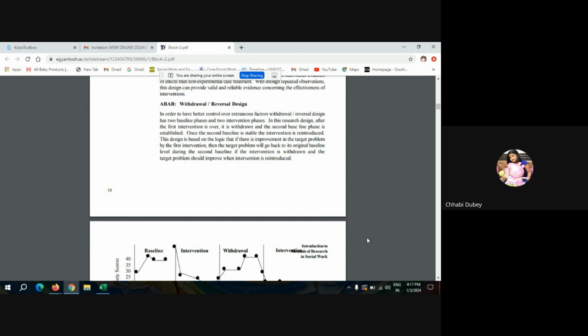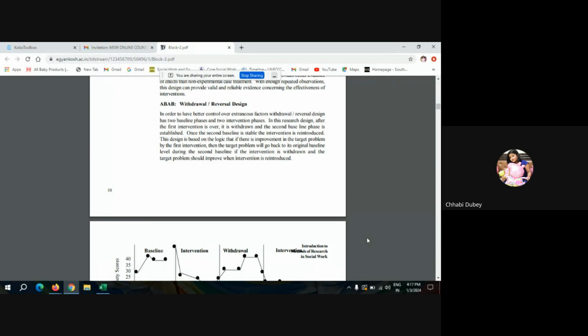Of course, this design is based on the logic that if there is any improvement in the target problem by the first intervention, then we know that the target problem will go back to its original baseline level during the second baseline. And if this intervention is withdrawn and the target problem should improve when the intervention is reintroduced.